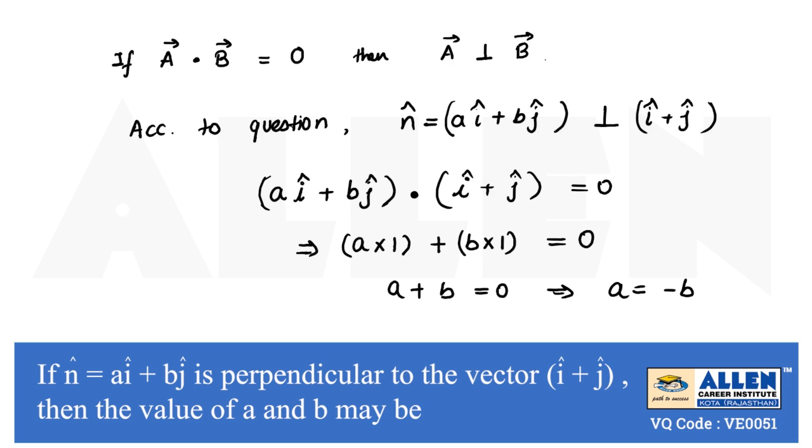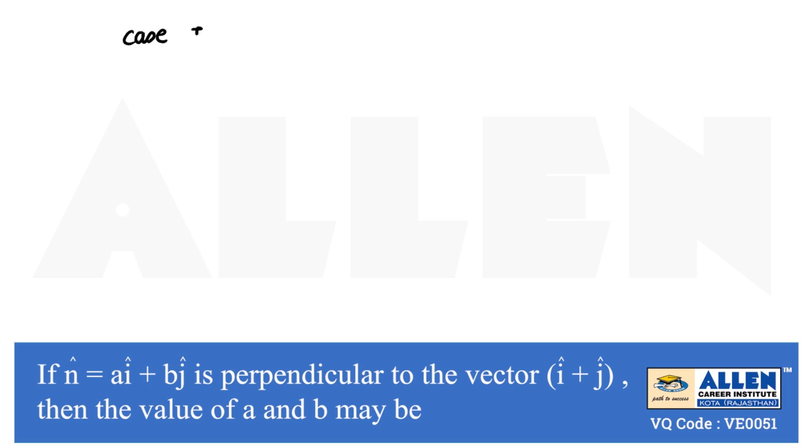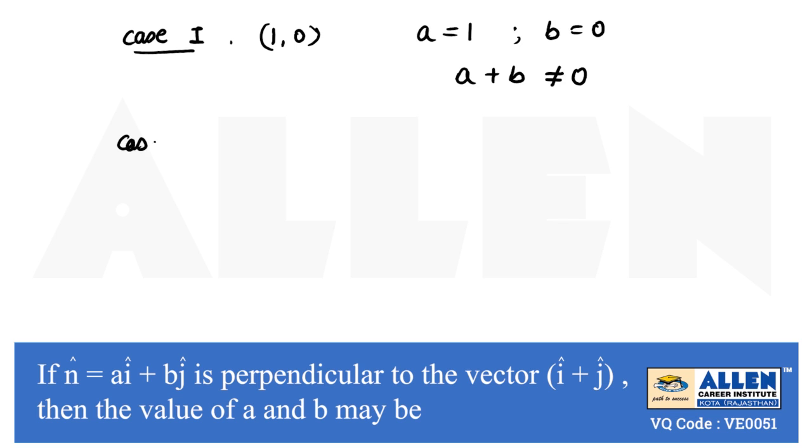According to the cases which are given, the first one is 1, 0. If we consider a equal to 1 and b equal to 0, then a plus b is not equal to 0, which is our requirement. So, this is not the case we are finding.